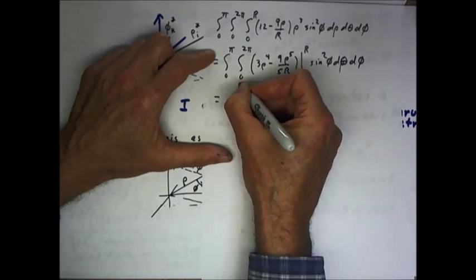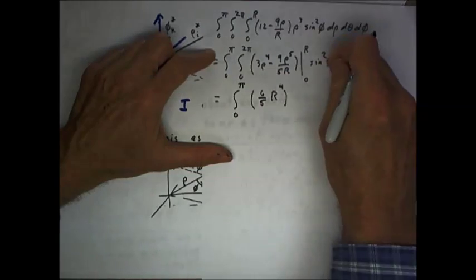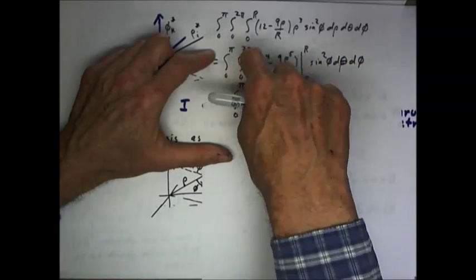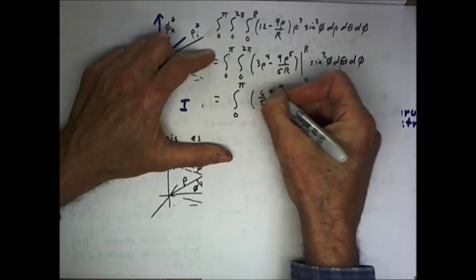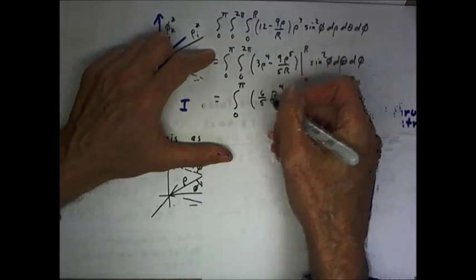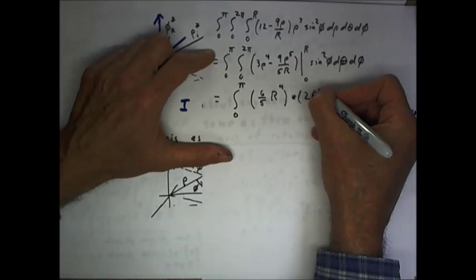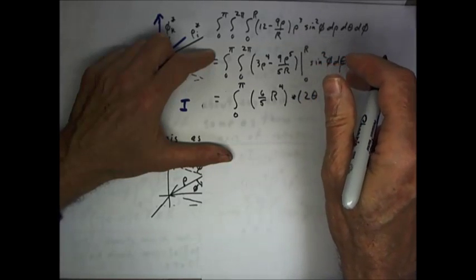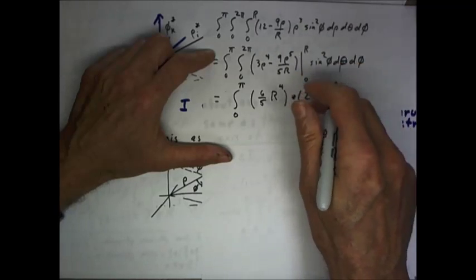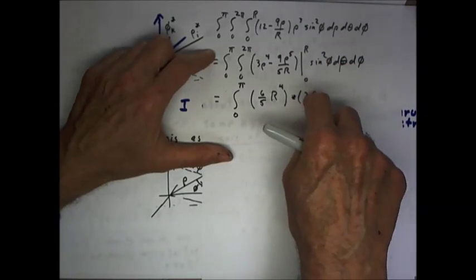So we're going to have the integral from 0 to pi, but I'm going to go ahead and integrate d theta from 0 to 2 pi. Not 2 theta, it's going to be just plain old 2 pi.